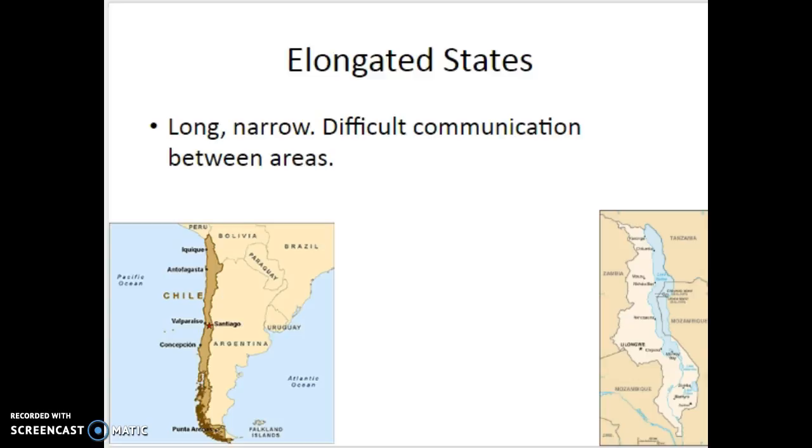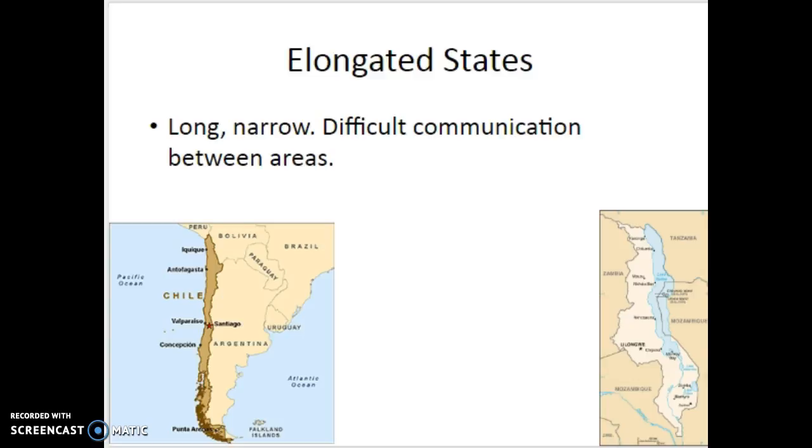The second type of state morphology we could look at is elongated states. A good mental map is Chile. Elongated states have a long and narrow shape, sometimes because of physical geography, and other times just for political and economic reasons.